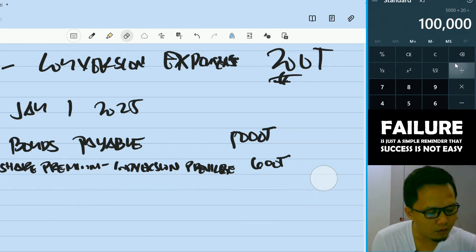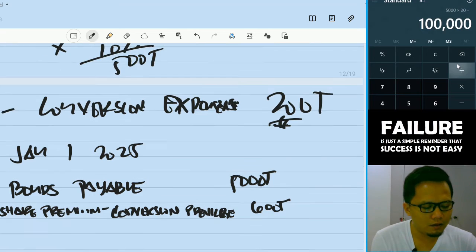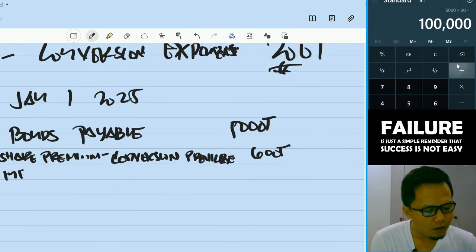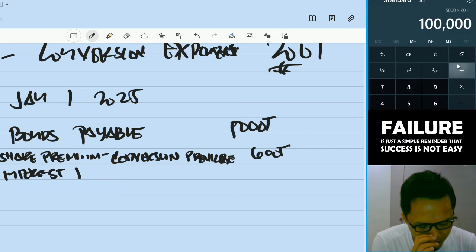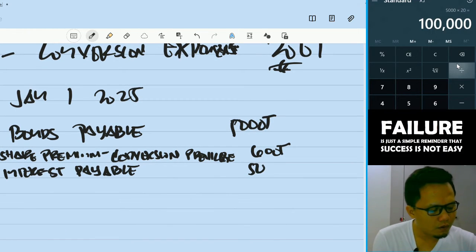I know, we're missing something, wait. After recording your share premium debit of conversion privilege of 600,000, recognize now the accrued interest, which is debit interest payable of 500,000.